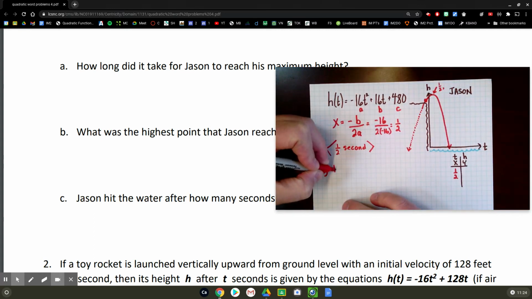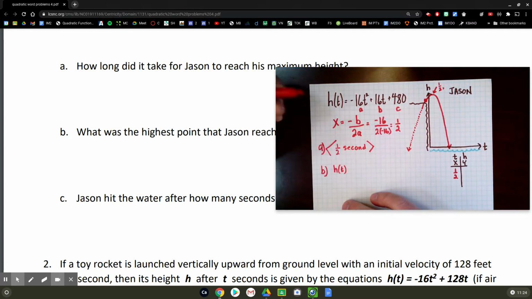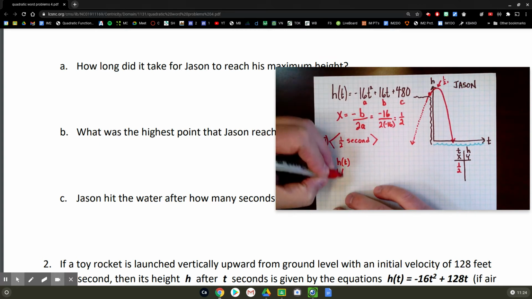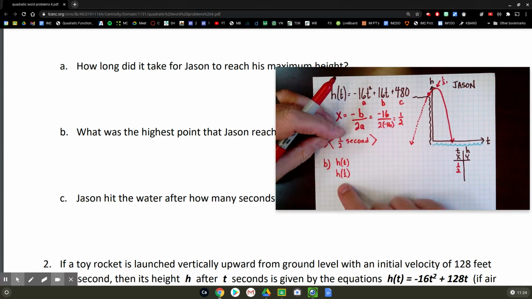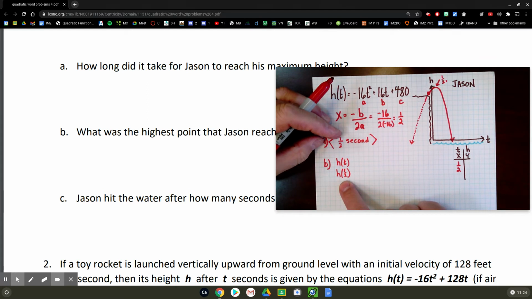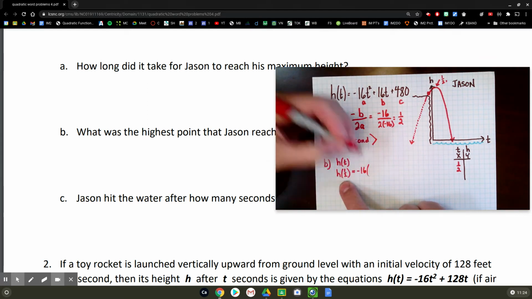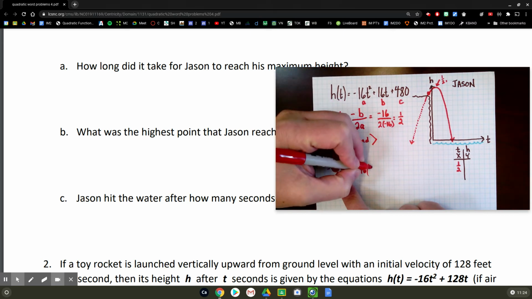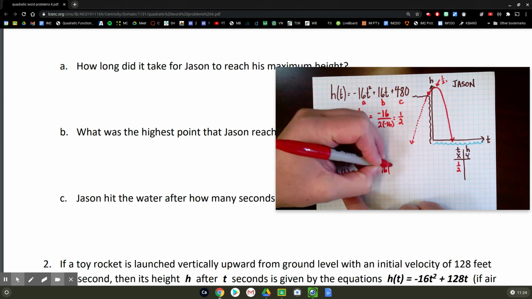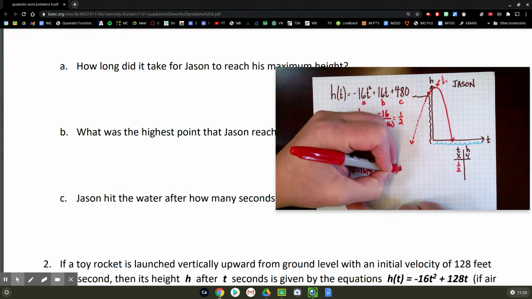So I'm going to substitute into h of t, but instead of t, I'm going to do h of 1/2, because I want to know what his height is after 1/2 of a second. Negative 16 times 1/2 squared plus 16 times 1/2 plus 480.